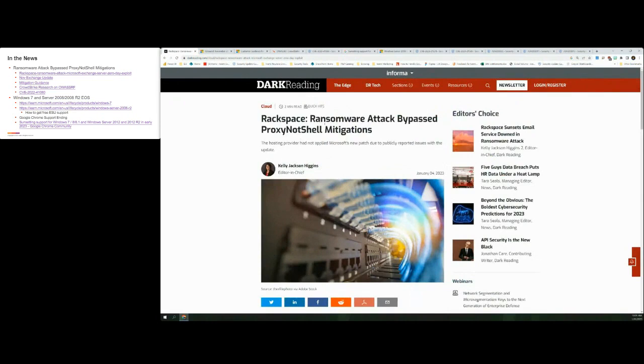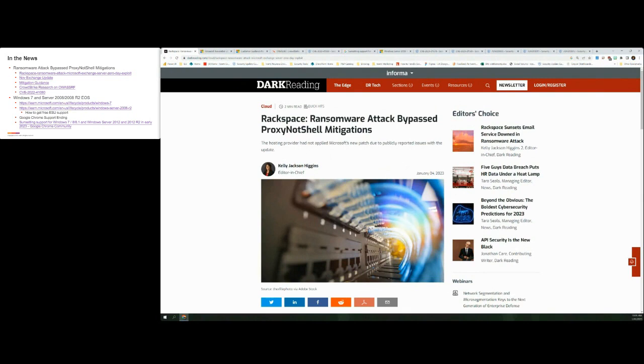Basically, the news that came out around this: Rackspace has a hosted Exchange service that they serve many customers with. When the November Exchange update came out last year, they tested and found that there were performance issues with that patch, so they didn't put the patch in place. They kept running with the mitigations that were provided by Microsoft prior to the patch being released.